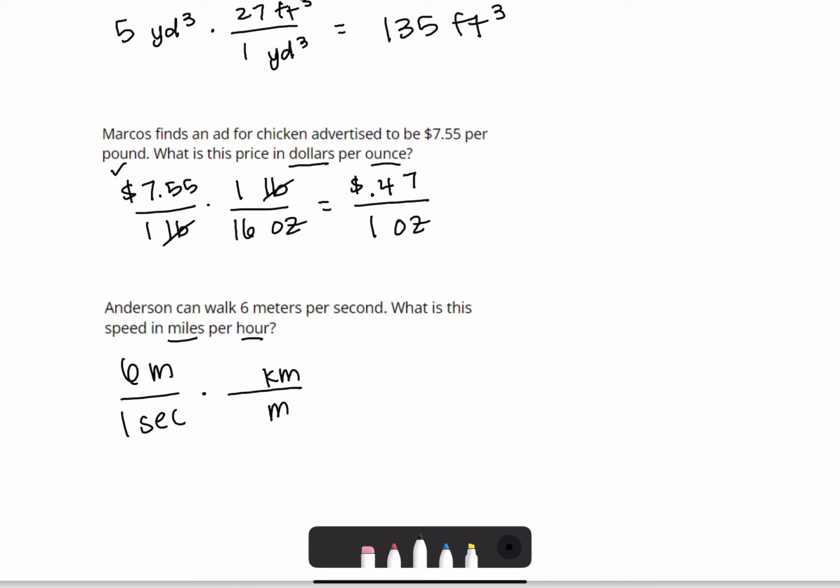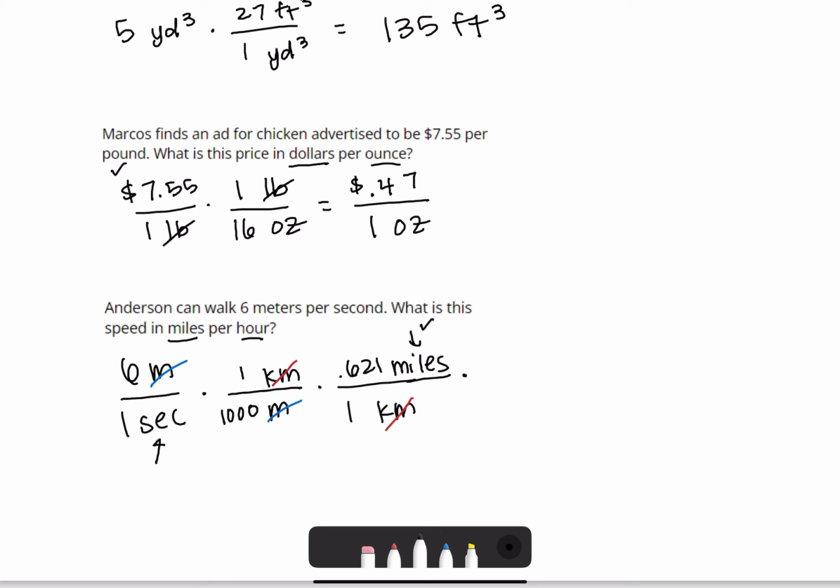So if we say 1 kilometer is 1,000 meters, then the meters units cancel. And then we can say 1 kilometer is 0.621 miles. And then those kilometer units cancel. And then we're in miles, which is good.